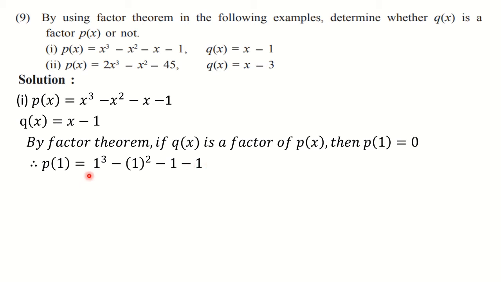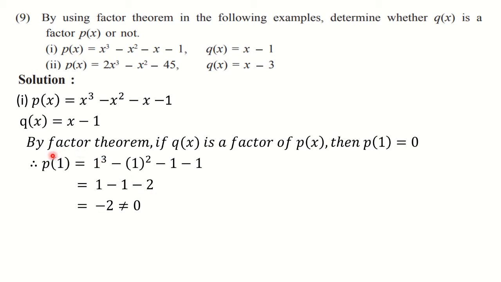Then in the next step you know that 1 cube is 1 only, 1 square is also 1, and this minus 1 and minus 1 is minus 2. You can clearly see here plus 1 and minus 1 cancelled, and you will get the answer as minus 2, which is not equal to 0. We got the remainder as minus 2, which is not equal to 0.